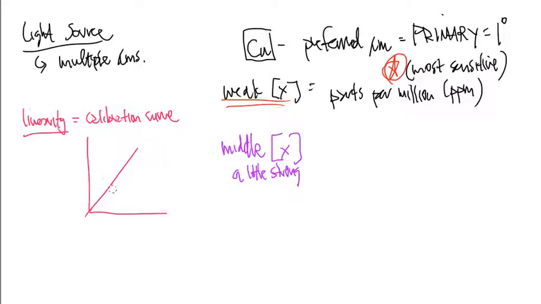But the problem is that sooner or later, I'm going to be above the linearity range. And let's say that that linear range is going to be here. Well, the primary begins to get overwhelmed. The sample becomes so concentrated that it cannot determine the differences between them.